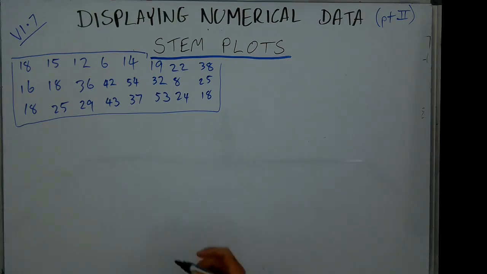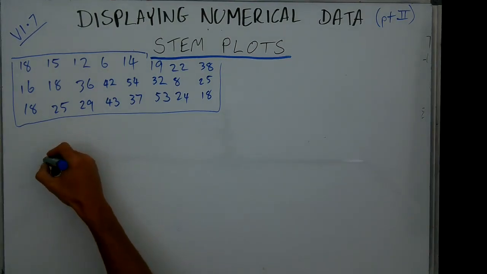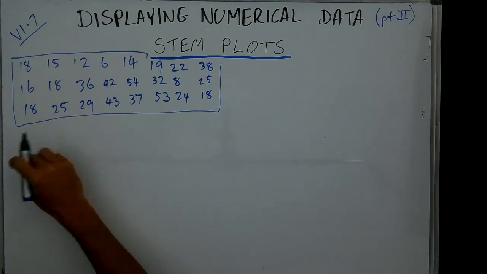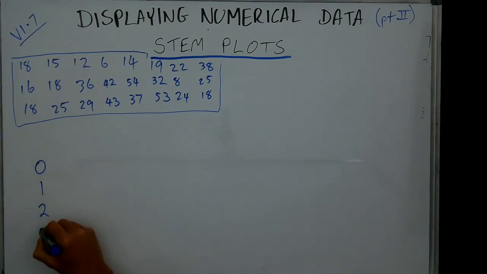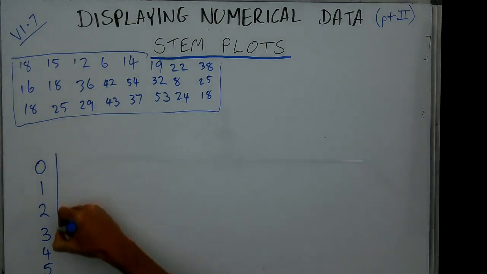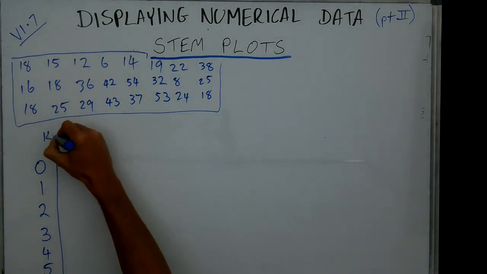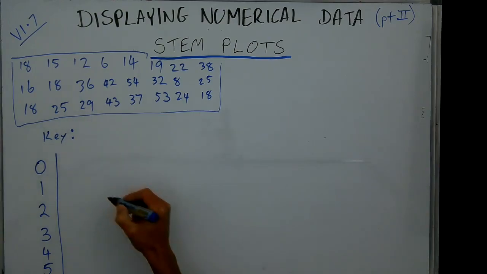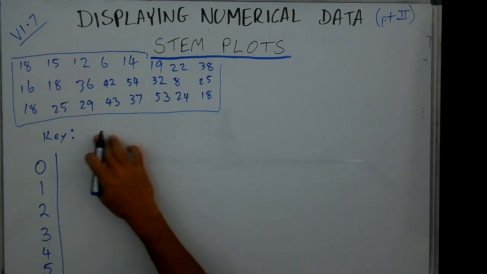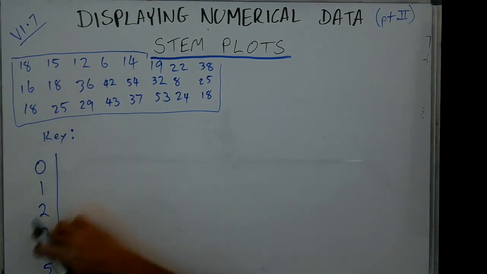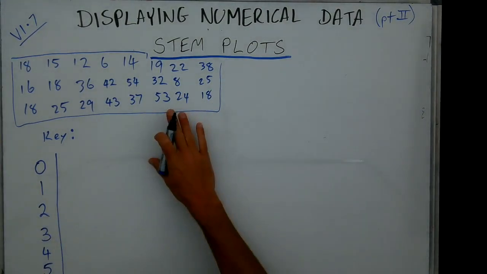So I'm going to say, if we group it by single digits, starting with a 0, the 10s, 20s, the 30s, the 40s, and the 50s. I'm going to put a key before I even start. It doesn't matter what you represent the key with. It doesn't even have to be one of the bits of data.